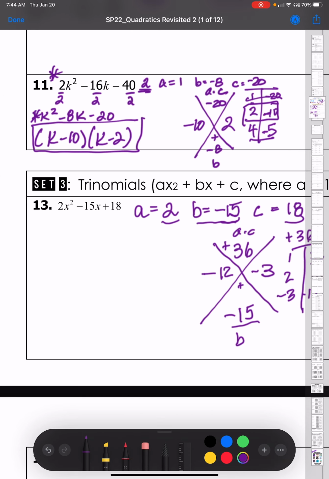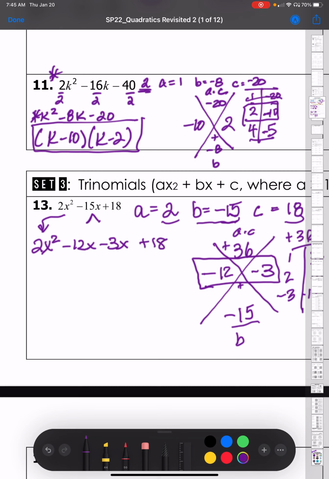And this is where things get a little different. So when we're factoring by grouping, what we need to do is bring down our first term, so 2x squared, and then we are going to split our second term, that negative 15x, into our two factors. We're just going to rewrite it: negative 12x, negative 3x plus 18.